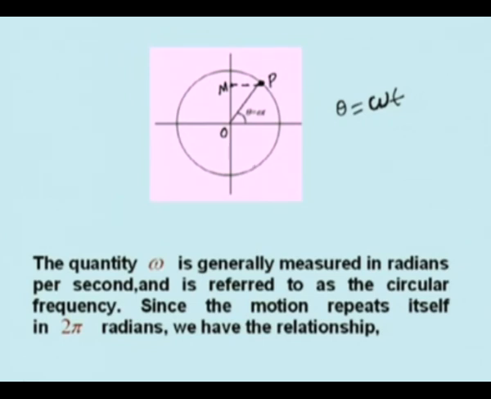P is obviously moving in the same way, but M is like this. In the beginning, M was here because P was here. Then as P moves, M keeps rising, and finally when P is here, P and M coincide and M goes here. After that, P goes from here to here, then M will move from the top position to here, and so on.